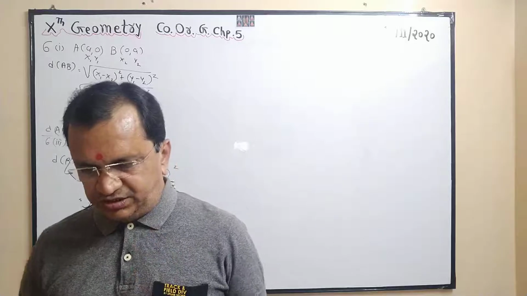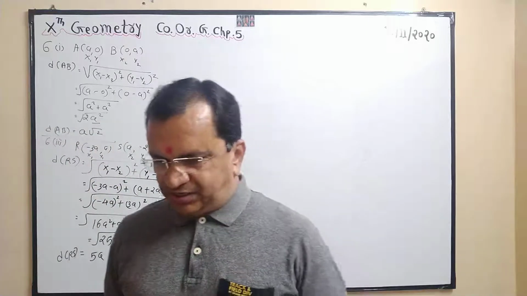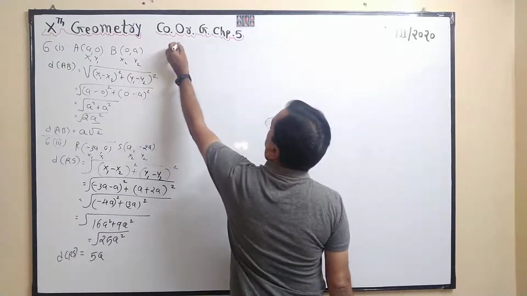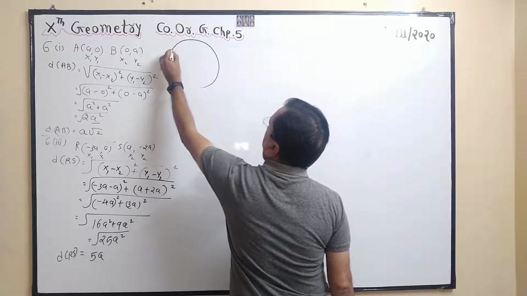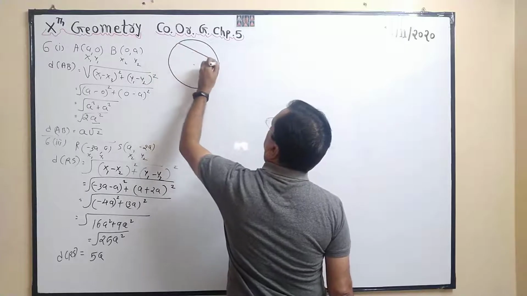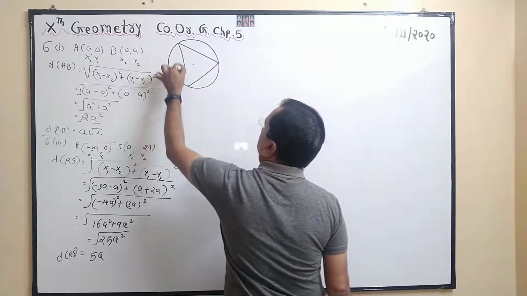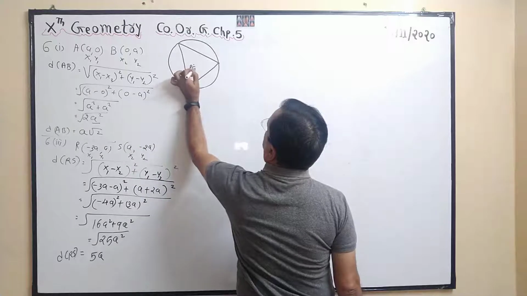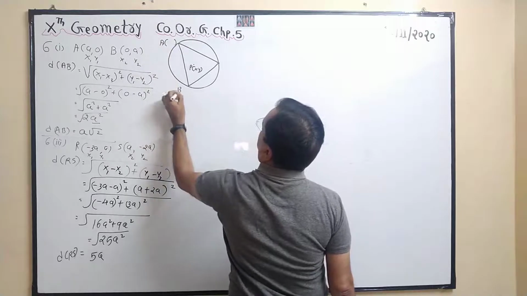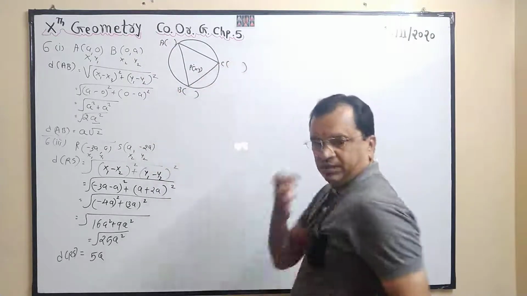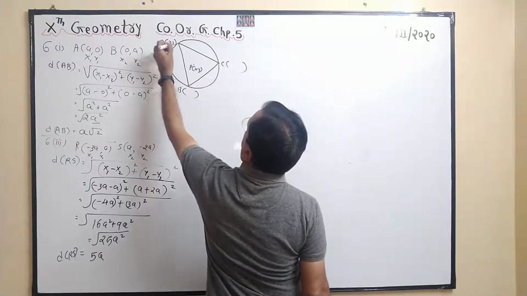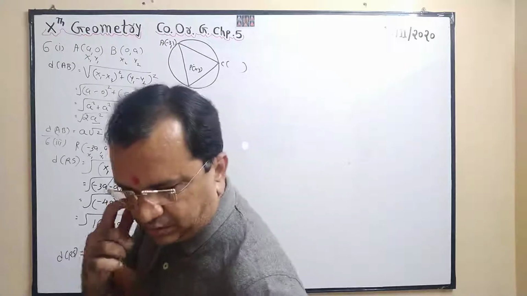Now a very intelligent question is to find the circumcenter of a triangle. Suppose this is P (x, y). This is A, this is B, this is C. A is given (minus 3, 1). B is given (0, minus 2).